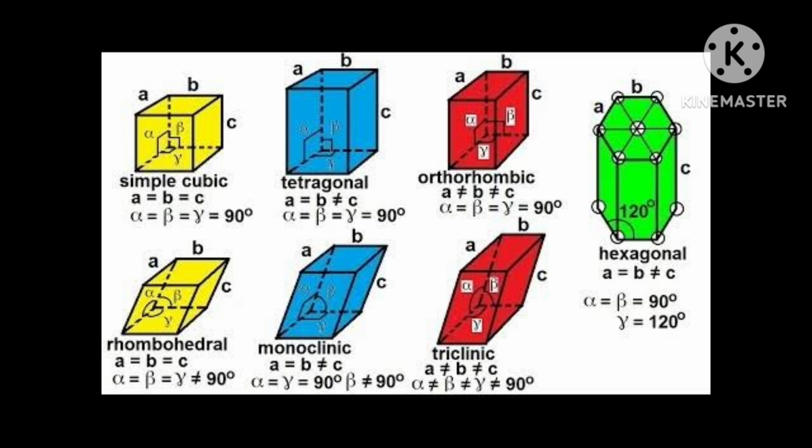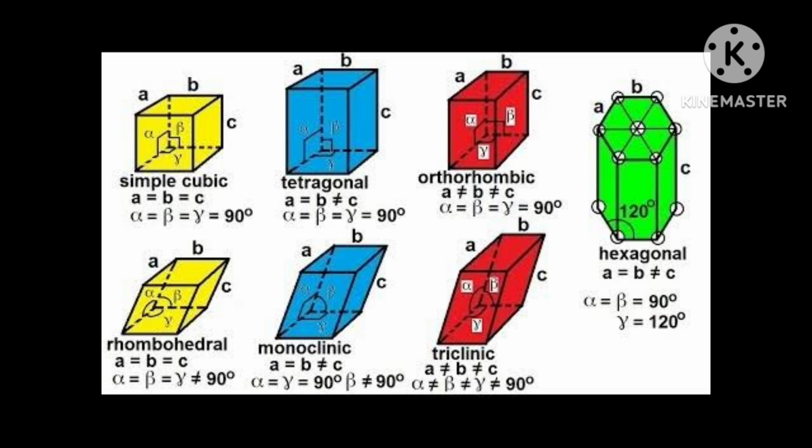Particles may be atom, ion or molecule. If one particle is on each corner, then it is called primitive.